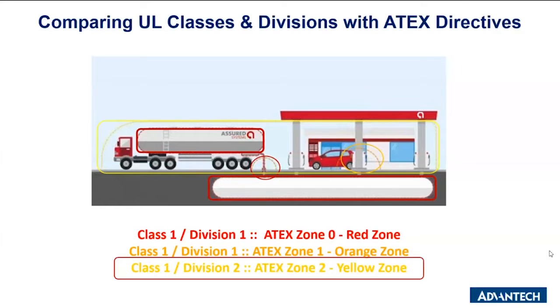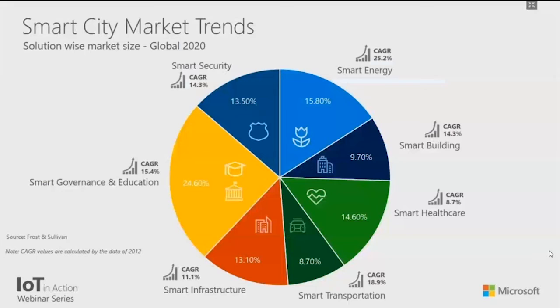So now we have a very basic understanding of hazardous locations, Class 1 Division 2, and ATEX standards. I would like to look at a Microsoft research report on the trend of the smart city market, the demand and trend of realizing smart energy and utility, specifically in the oil and gas industries.